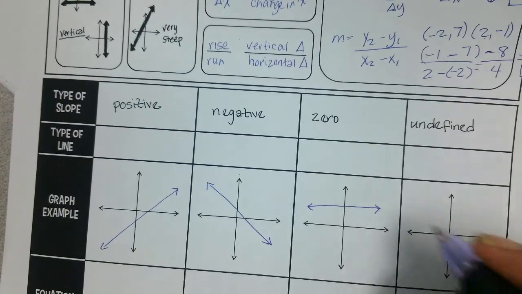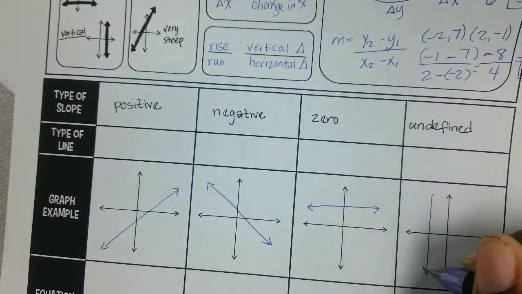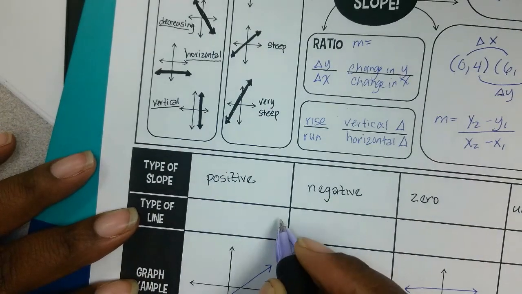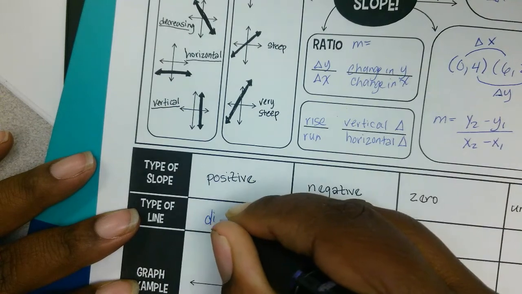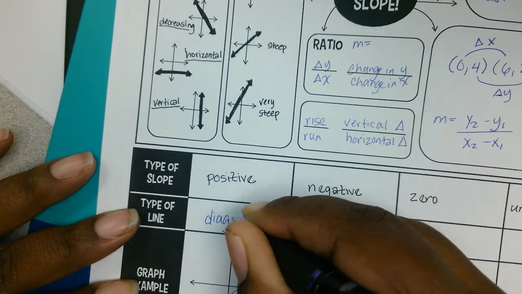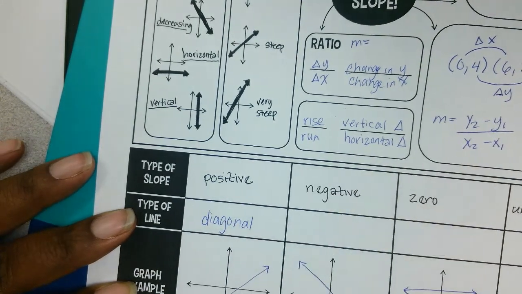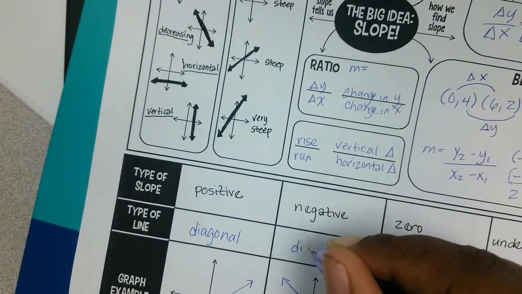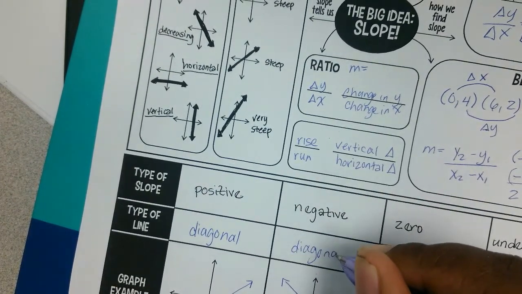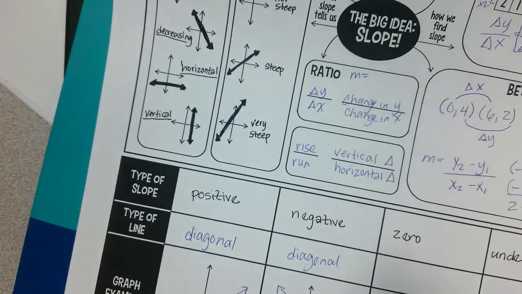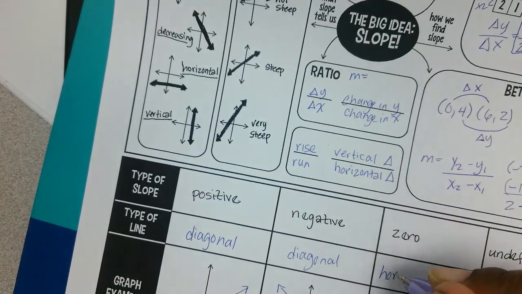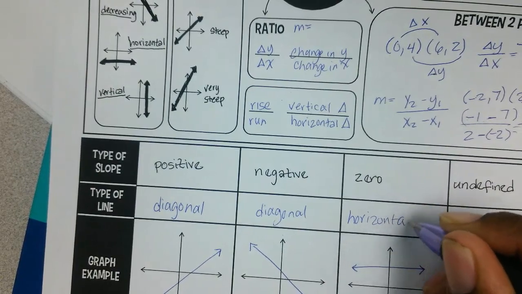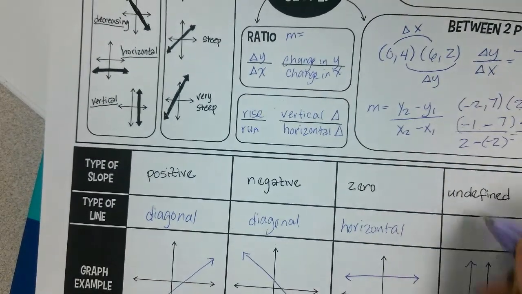And if it's undefined, that's my vertical line. So again, positive, you have a diagonal, but it's increasing. Negative is still a diagonal, but it's decreasing. 0 is a horizontal line, and undefined is a vertical line.